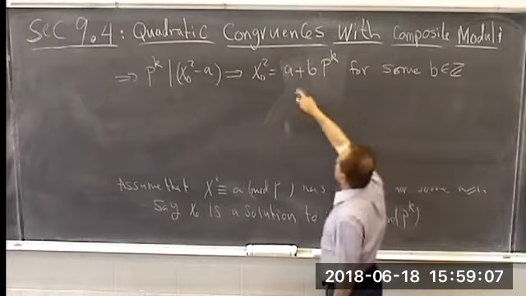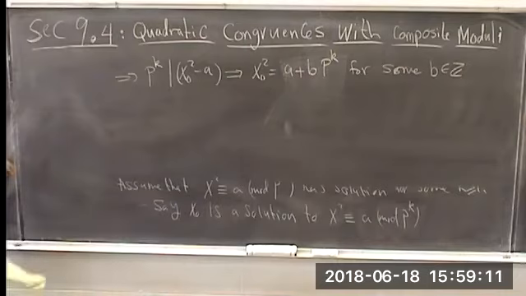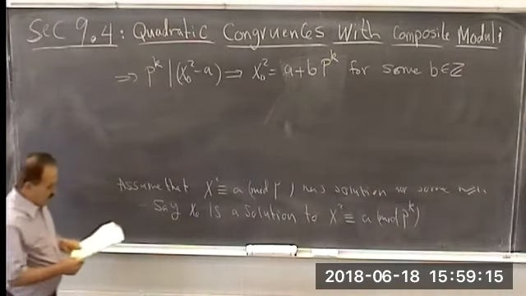So once you translate this divisibility into an equation and shuffle things around, this is what you get.